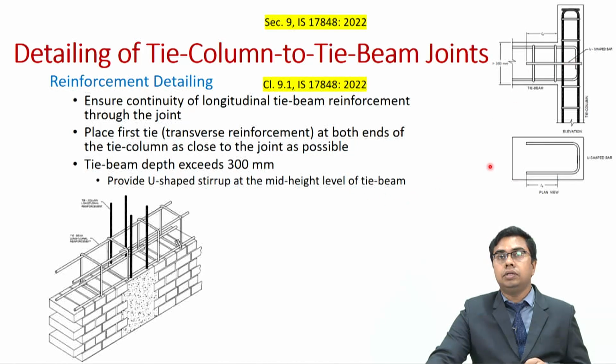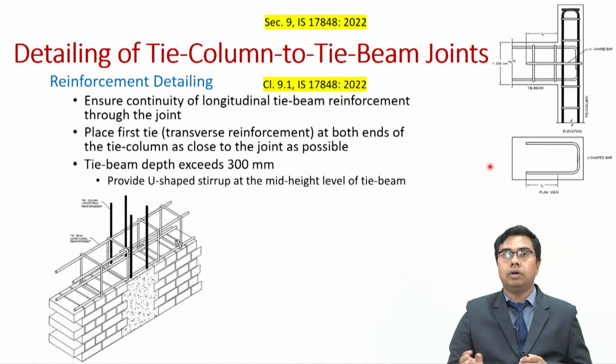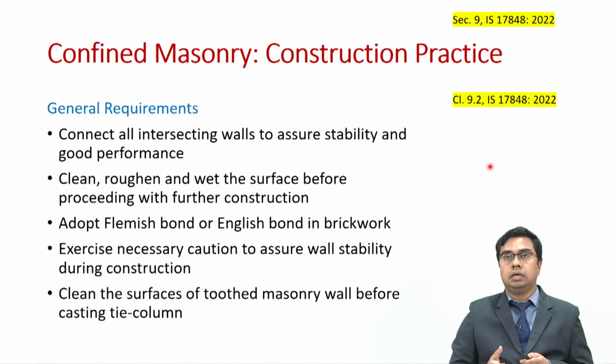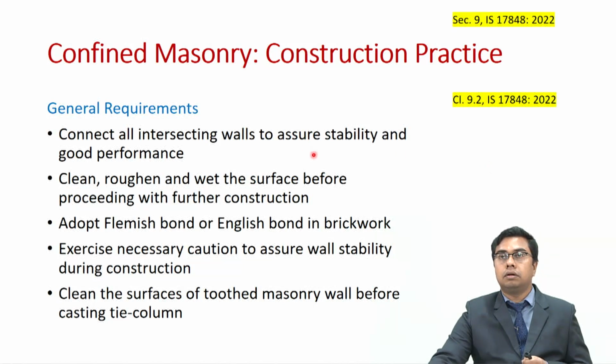Now, once we have understood the ductile detailing of tie beams, tie columns and tie column to tie beam joints, now let us quickly look into some good construction practices related to confined masonry construction. So, first of all, connect all the intersecting walls to assure stability and good performance.